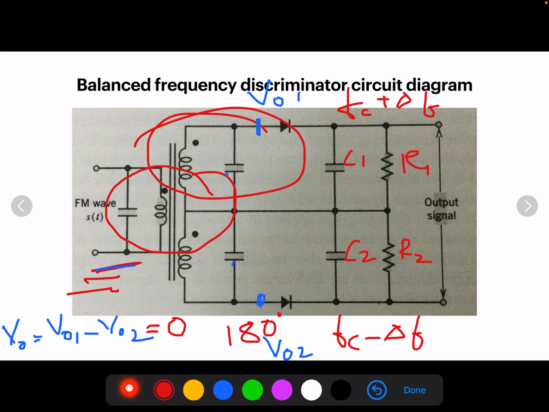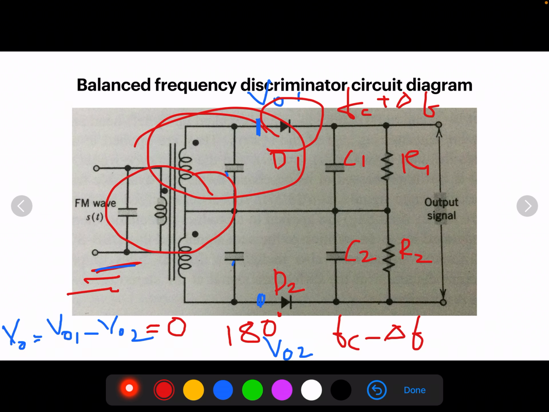The second case is when Fc is less than Fin, less than Fc plus delta F. In this range of input frequency, the induced voltage in winding T1 is higher than that induced in T2. So the input voltage to D1, say this is D1 and this is D2, is greater than what you are applying on D2.